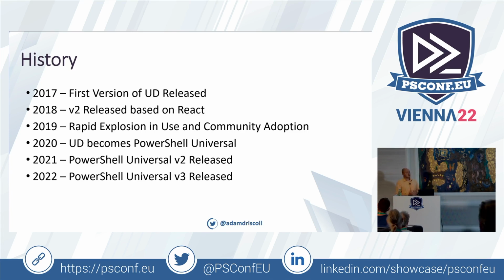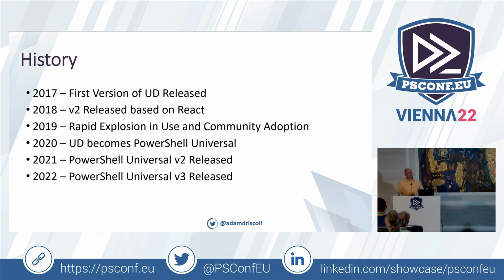In 2020, I made the decision to merge it with another tool I had built called Universal Automation, and it became PowerShell Universal. One of the reasons was the web server was running directly in the PowerShell process, and I wanted to have a little more control over the technology stack. So now PowerShell Universal, rather than being just a PowerShell module, is an ASP.NET Core web app.